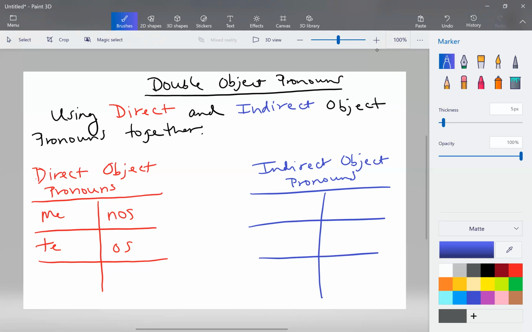Let's see if we can fill these in. Like we said, the top are the same for both. But what about the bottom?